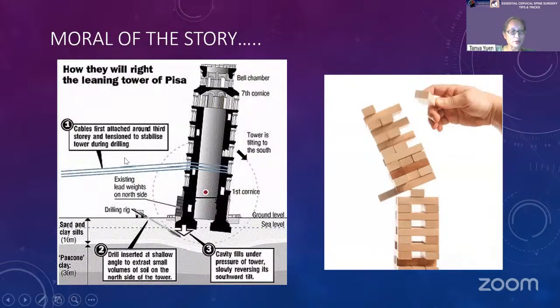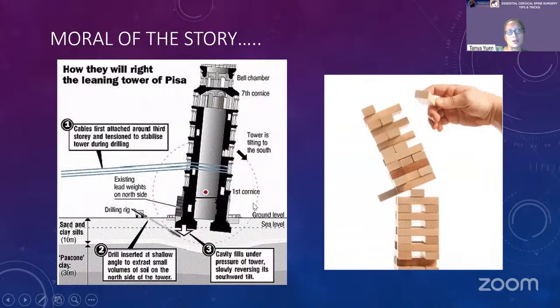So the moral of the story is, first of all, in the 1990s, they had many attempts to try to reduce the leaning of the Tower of Pisa. And here you can see this is the most successful in the 1990s, where they attached the cables and they dug on the north side of the tower some holes with a drill in order for the north edge of the Tower of Pisa to fall into and therefore upright itself.